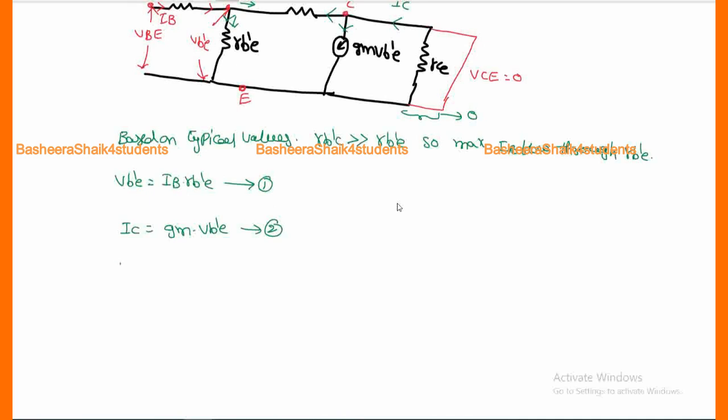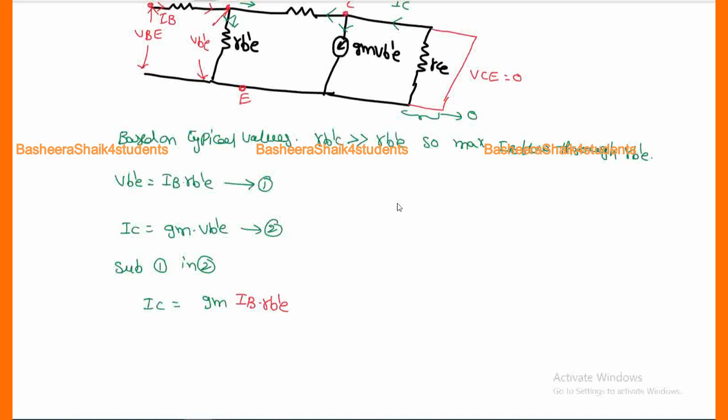Now substitute 1 in 2, we get IC equal to gm into IB into rb'e. Now we need to make sure that on one side we keep the hybrid-pi model parameters, and on the other side we move the input and output variables of the circuitry.